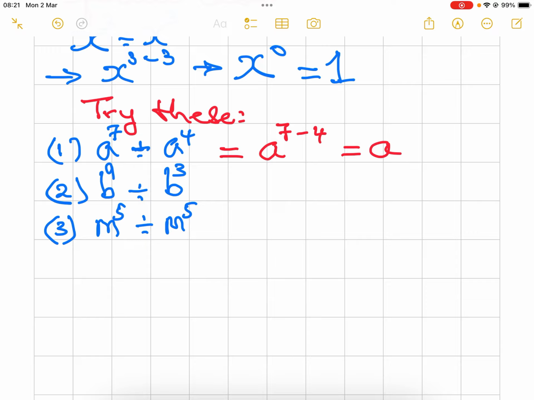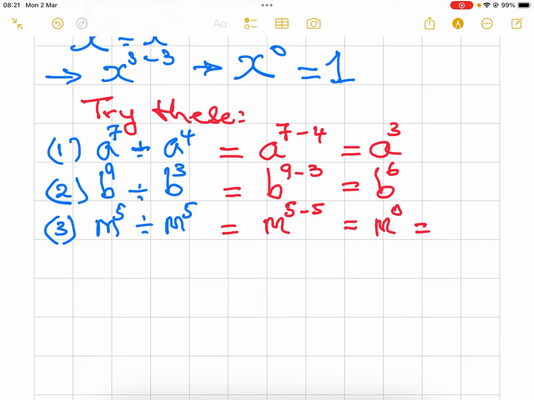This is equal to a raised to power 7 minus 4, which is a raised to power 3. And this, b raised to power 9 minus 3, is b raised to power 6.